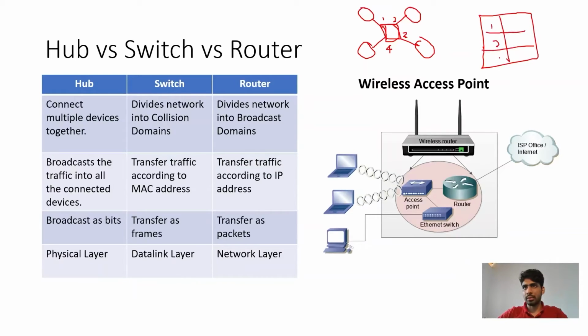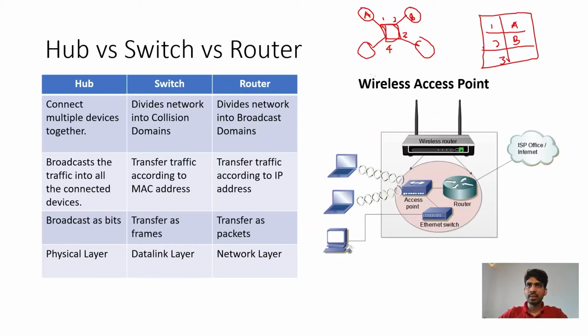I'll explain MAC address later in this presentation, but just think the MAC address of this computer is A. So when this computer sends a message to this switch, it puts A in front of 1 in the MAC address table, and if this is B, it puts B in front of 2. So it can identify to which port it should forward according to the MAC address.